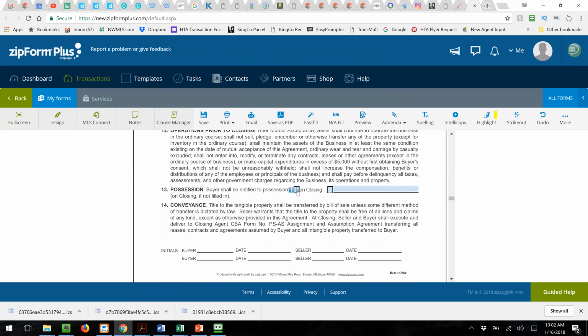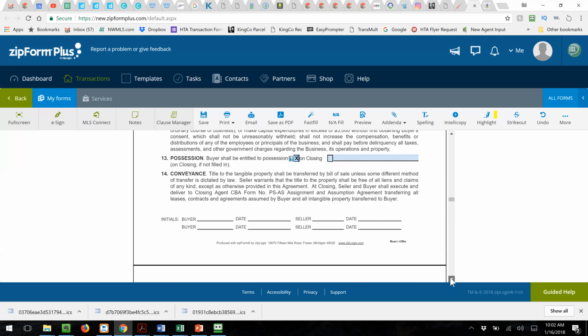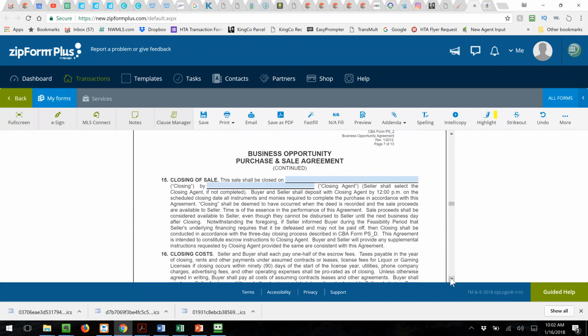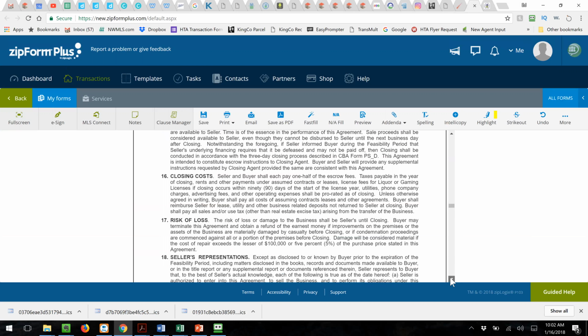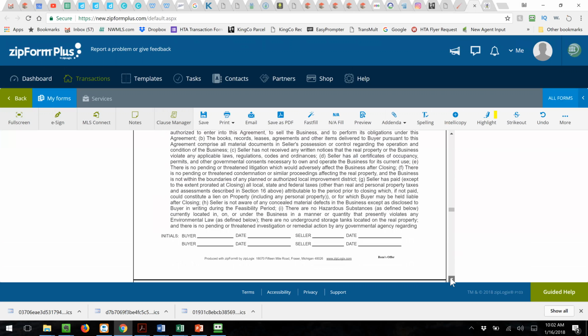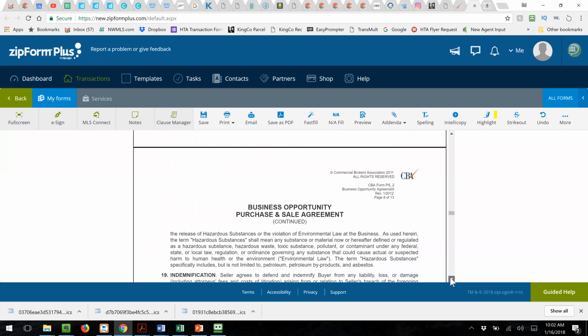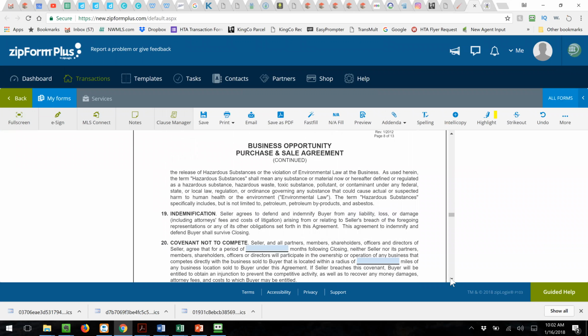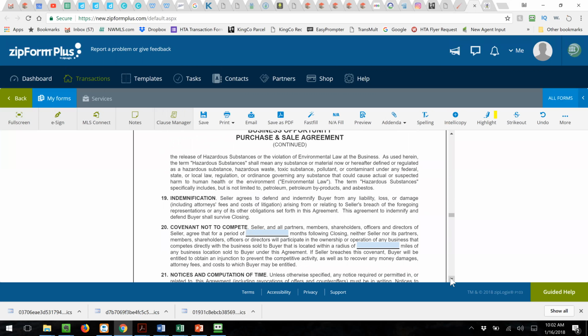Possession more than likely is going to be upon closing, but you could alter that if you wanted. Closing, you're going to determine how fast. If you're 15-day feasibility and you're paying with cash, 30 days or sooner might be appropriate language, but that's up to you guys.